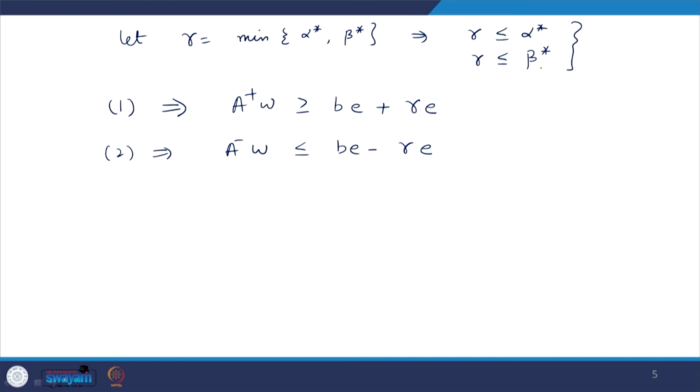So now these two inequalities can be rewritten.